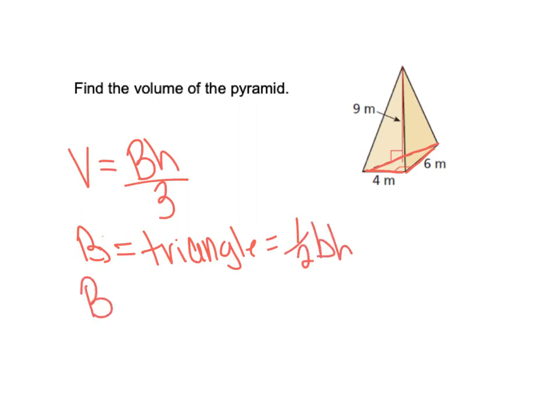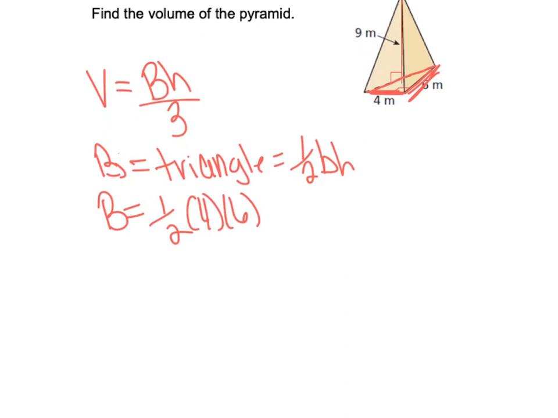So in this case, the area of our base is 1/2, base of our triangle is 4, height of our triangle is 6. If we multiply those together, we get the area of our base is 12. Now we just have to make sure we know what the height of the pyramid is, and it's 9.